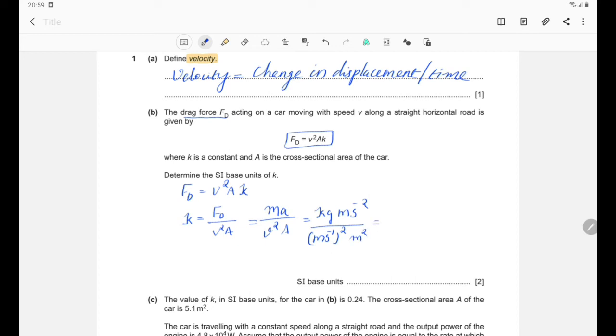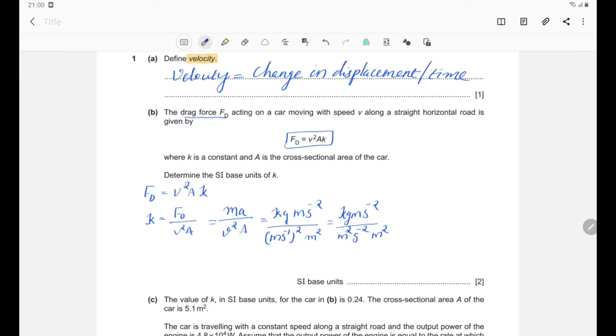Now you can take the square inside. So at the numerator there is no change. It will be kg m s^-2. But at the denominator, when you take the square inside, m will become m squared, and s^-1 to the power 2 will be s^-2, times m squared.